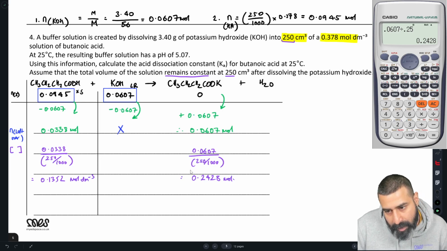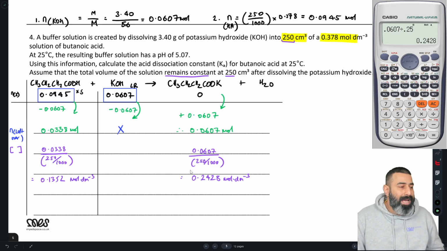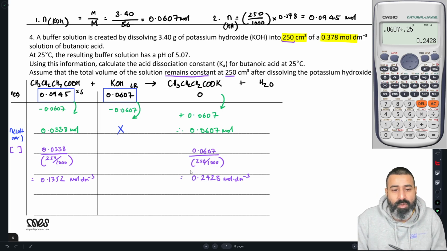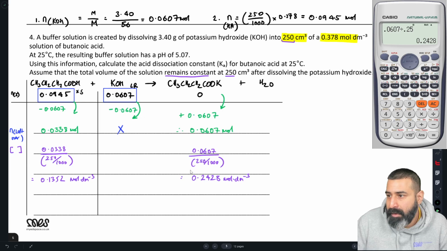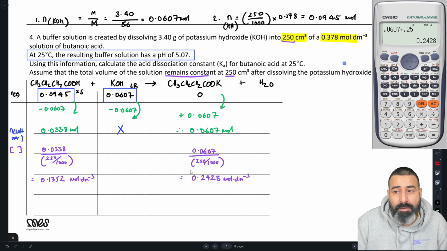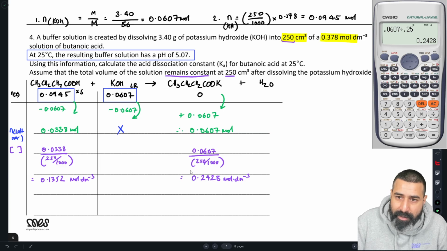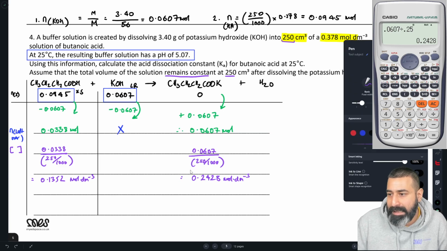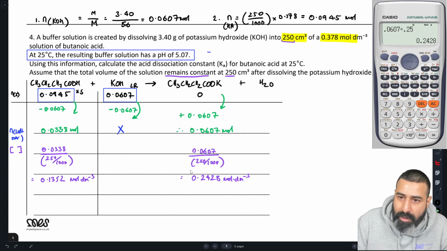Okay, cool. So now we're in business, kind of. There's one more calculation that I need to do, and that is in this part of the question. Now it tells me what the pH is of the buffer. So if it tells me what the pH of the buffer is, I can convert that, because 10 to the power of minus pH gives me the hydrogen ion concentration.